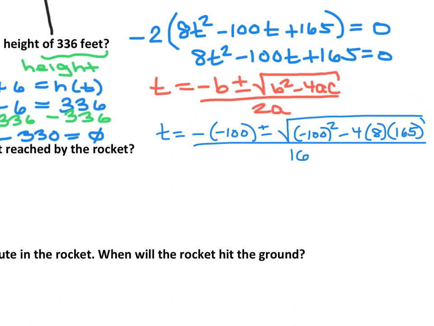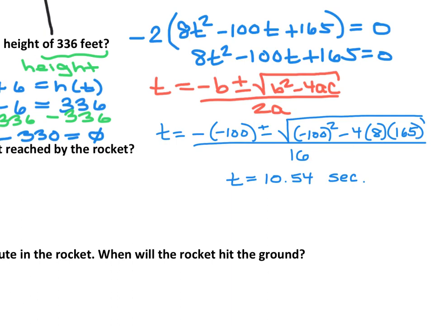In any case, when you plug this into the calculator and you do this positive 100 plus this quantity here, you're going to end up getting t equals 10.54. And of course, we're solving for time, so that's seconds.